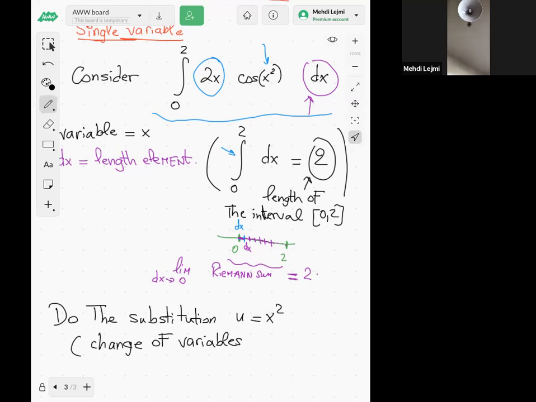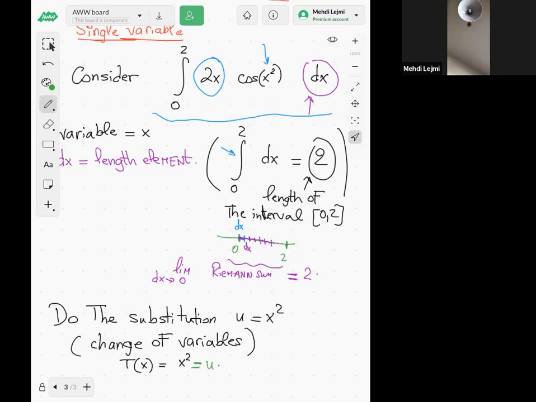That's a change of variables, and you can even say that this is like a transformation. So we are saying T of x is equal to x squared. This x squared is your new variable, which is u. So we have a transformation here. We are transforming x into u, which is x squared.